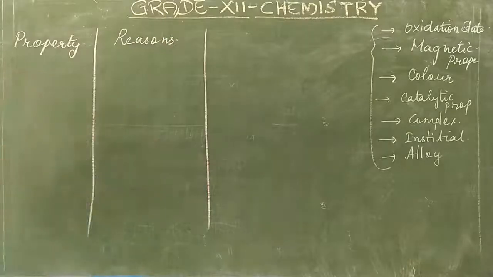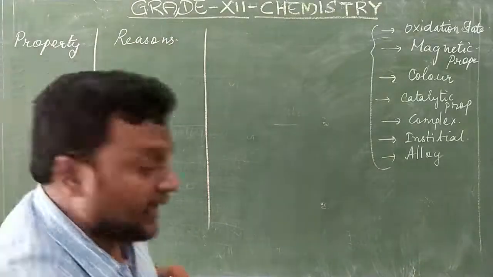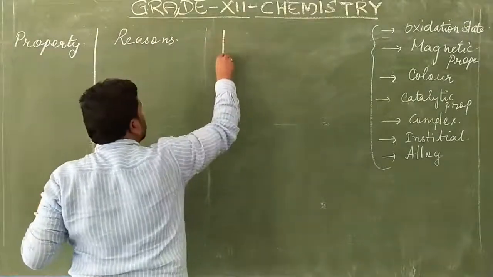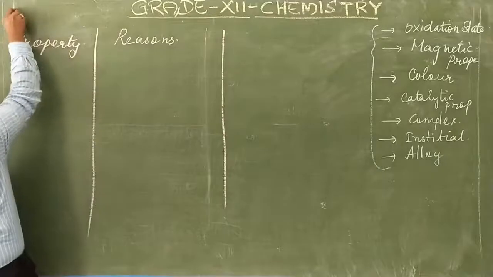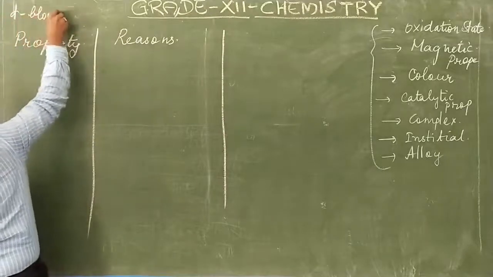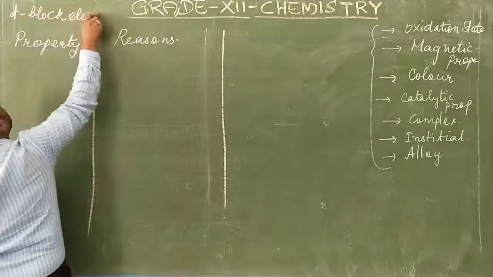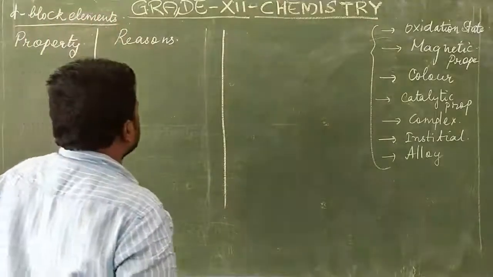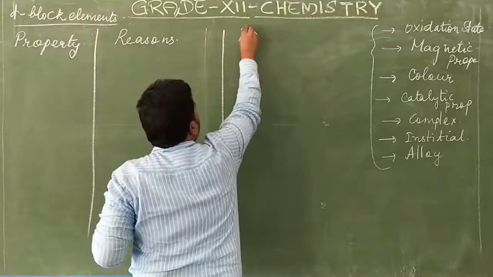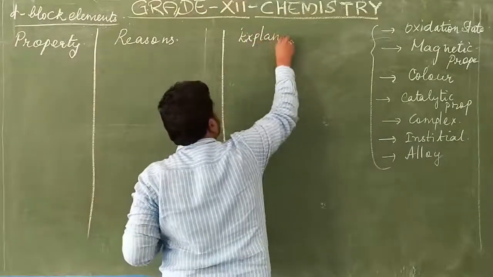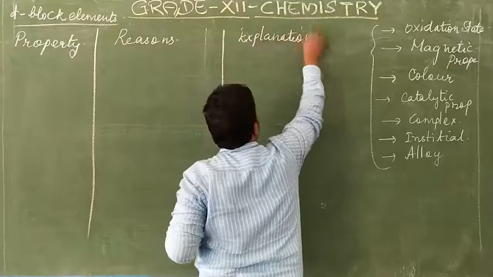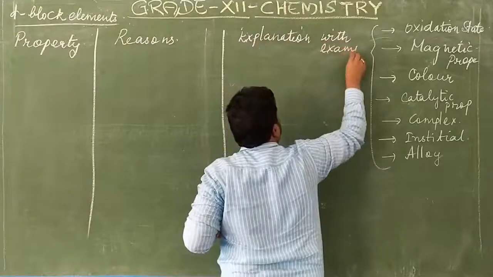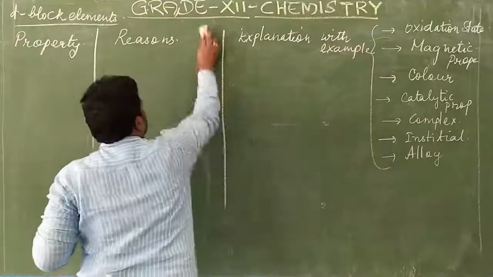The chapter is d block elements: property, reasons, then explanation with example. We have to study like this.